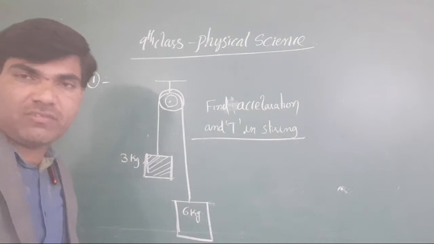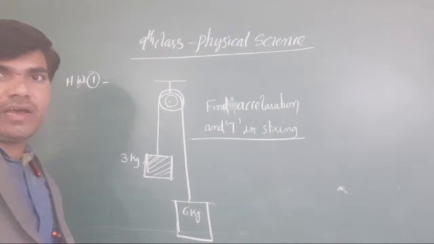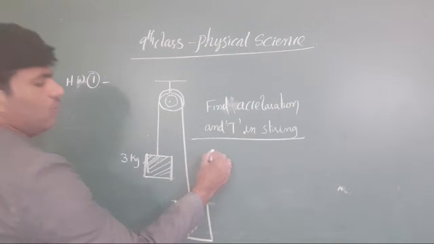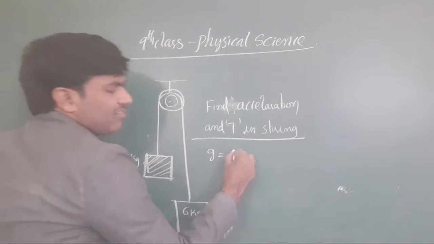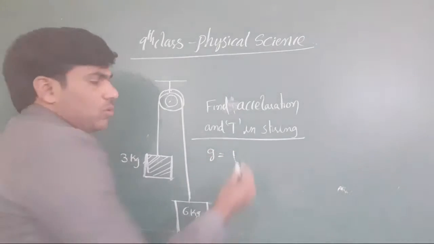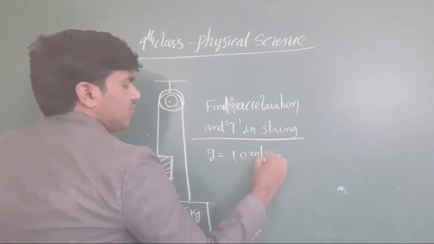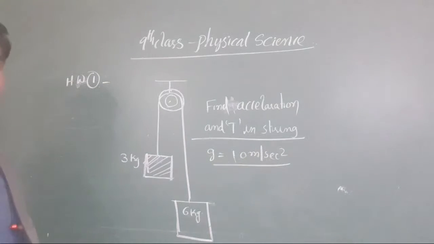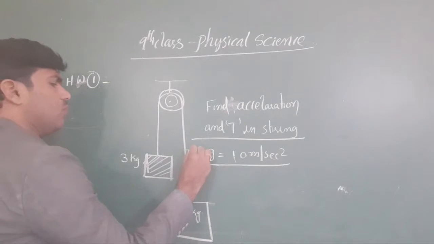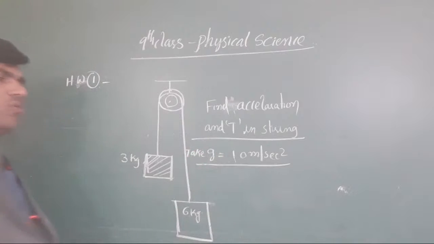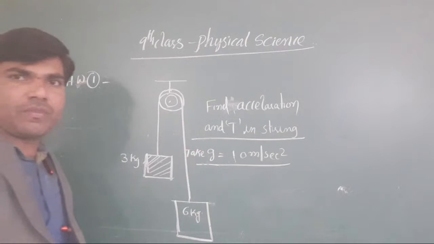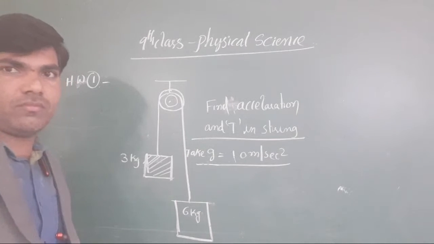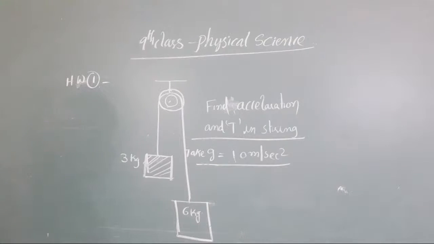Use the formulas of acceleration as well as tension. For your convenience, take the g value as 10 meter per second square. There is no problem; it is 9.8 meter per second square, but sometimes we take g equal to 10 meter per second square. Got it or not? And this is only one problem.